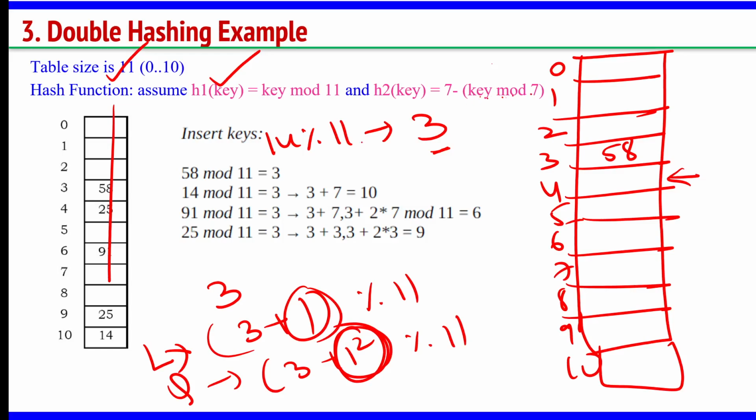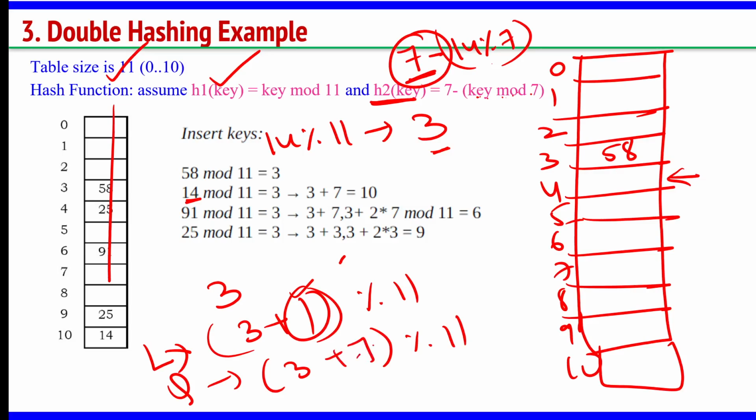The key I am inserting is 14, and 14 mod 7 is 0, so the second value becomes 7. Instead of adding 1 square, I will be adding 7 now. 3 plus 7 is 10, modulo 11 is 10, so I will place 14 there.